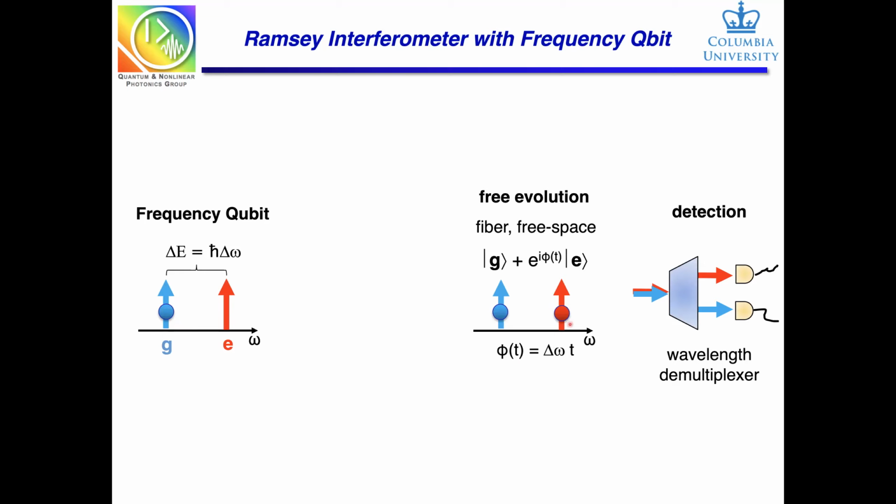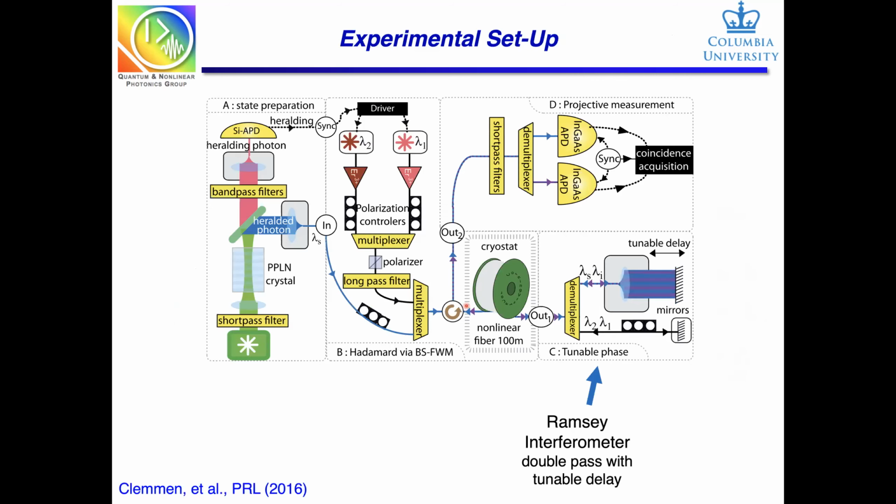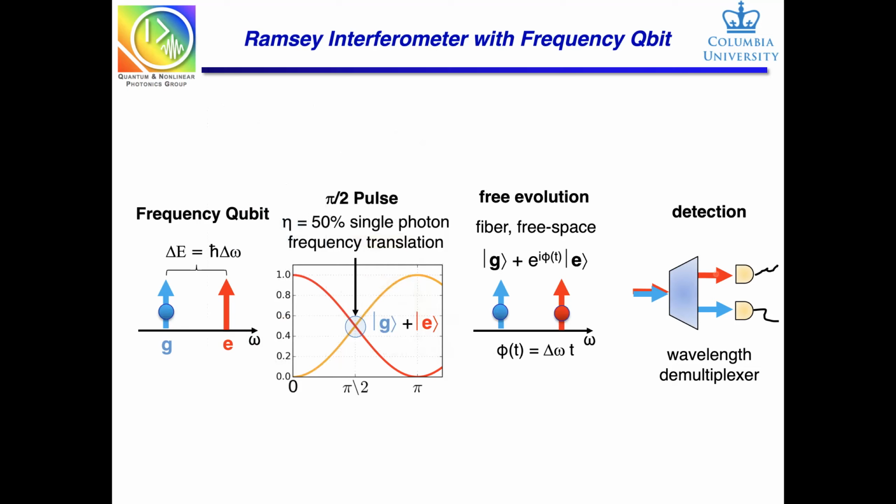That would give it a frequency dependent phase shift, and that would be like free induction decay. And then again, by hitting it with another pi over 2 pulse, you can measure what the probability is that the photons are red or blue, and that should give you interference fringes as you change this phase here.